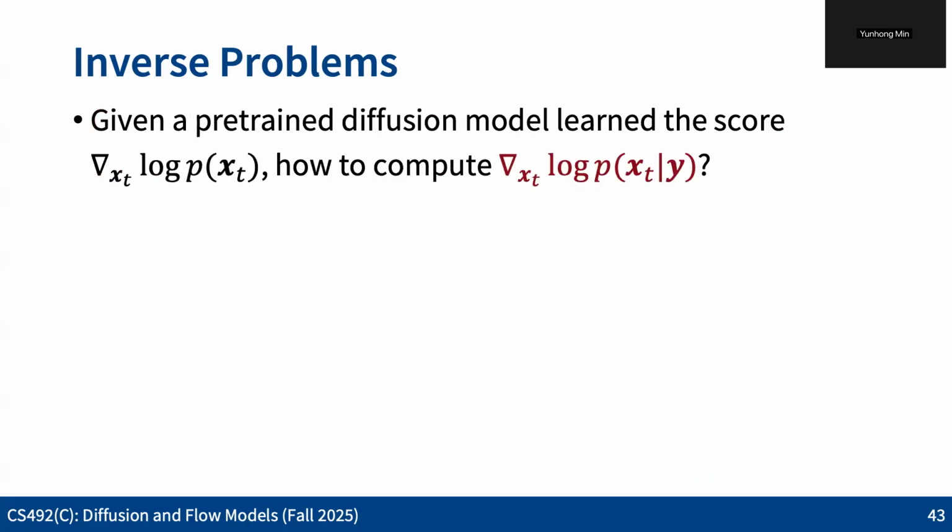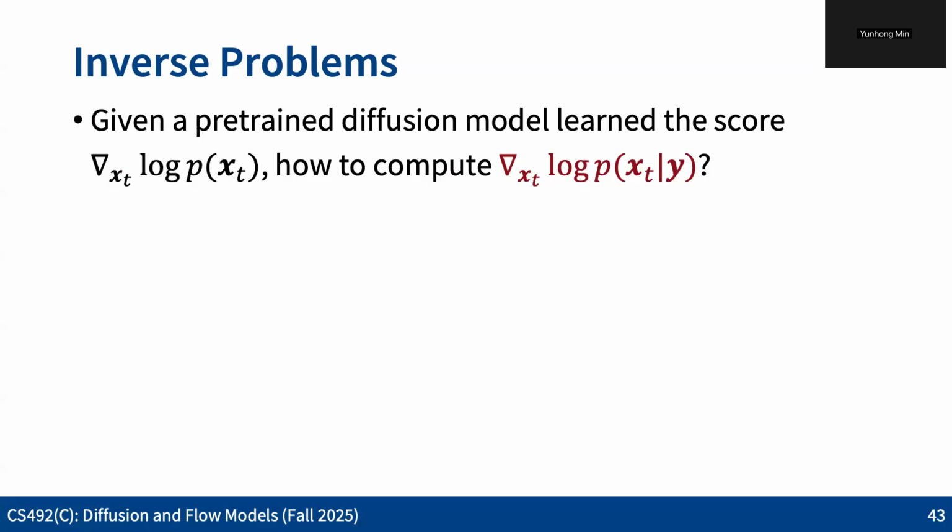So if we go into more detail in terms of how we can solve the inverse problems with the pre-trained diffusion model, what we are predicting using the pre-trained diffusion model is the score, right? We now know that the noise that we are predicting using the diffusion model corresponds to this score function.